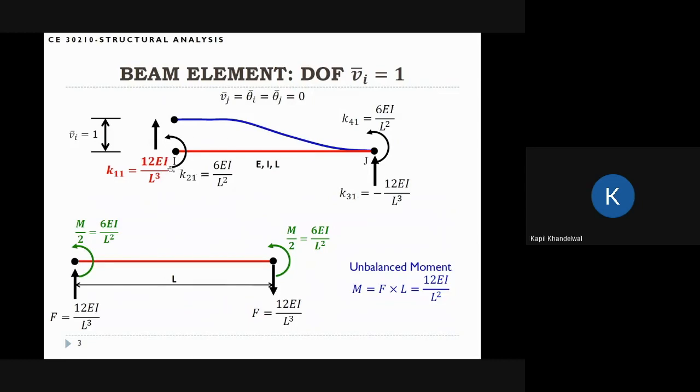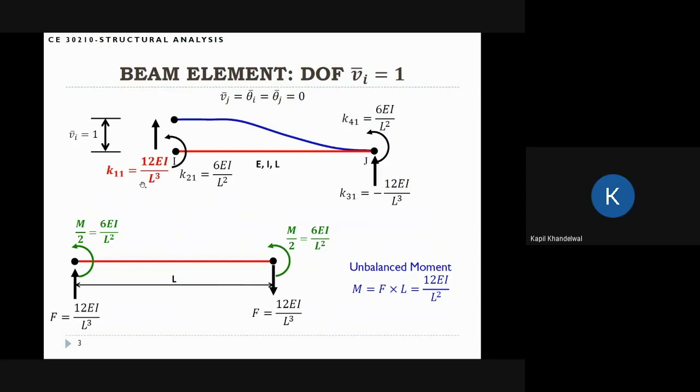You can think that theta i is 0, and vj and theta j are 0. If you take the vi degree of freedom and move it by 1 unit up, this is the force required: 12 vi by L cubed. This is a number we have to remember, and it turns out that if we remember a single number, we can calculate all the other stiffness coefficients.